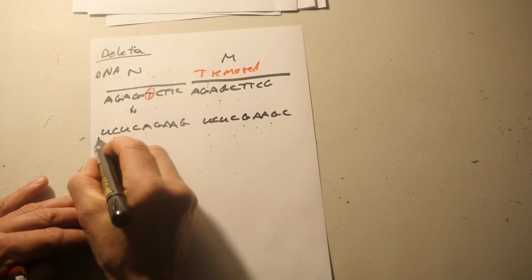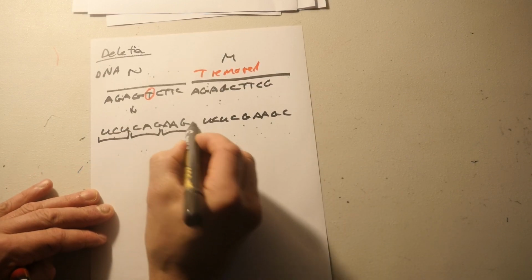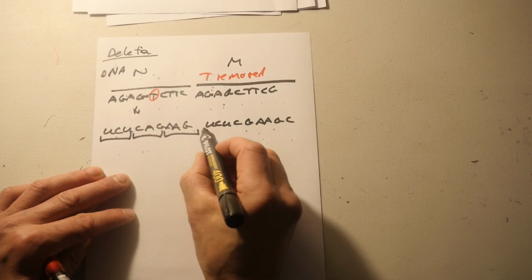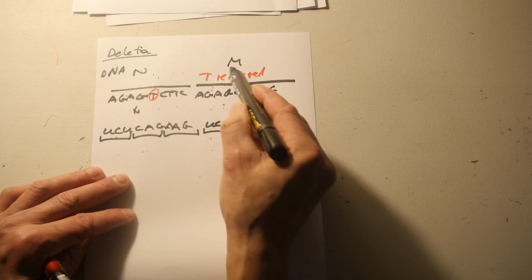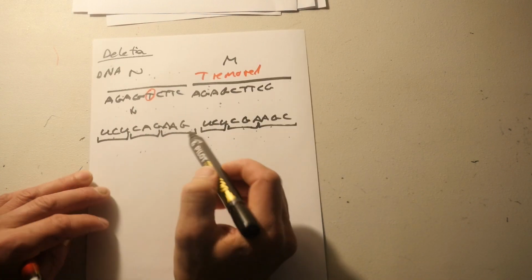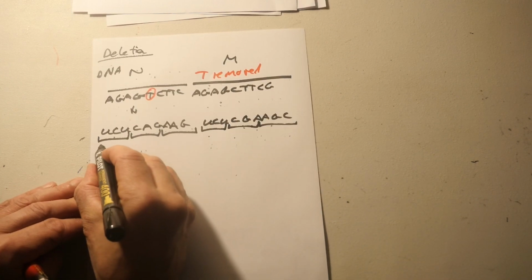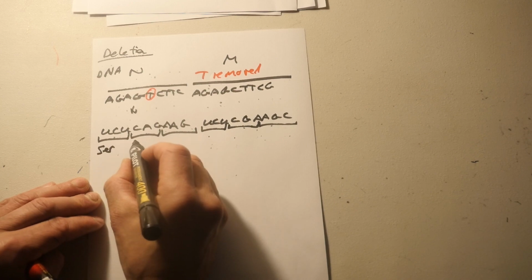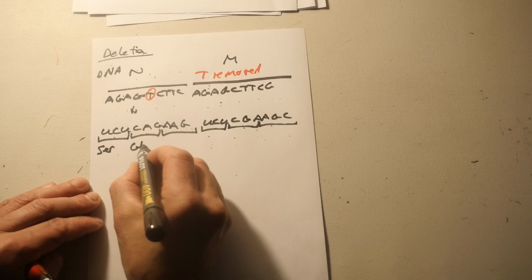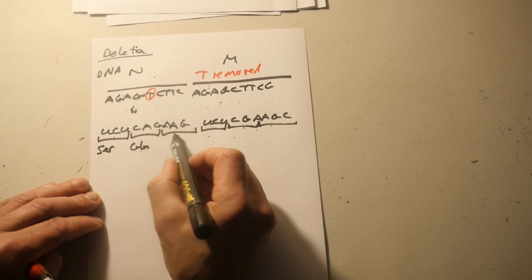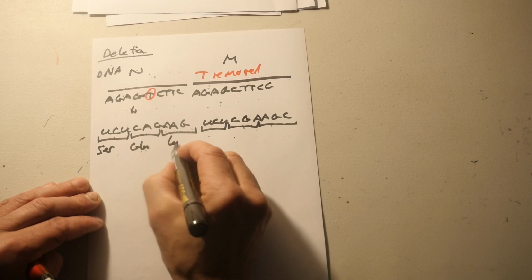So here, and here, remember these three are from the mutant and these three are from the normal, so that's a serine, CAG that's a glutamine, and AAG is lysine.